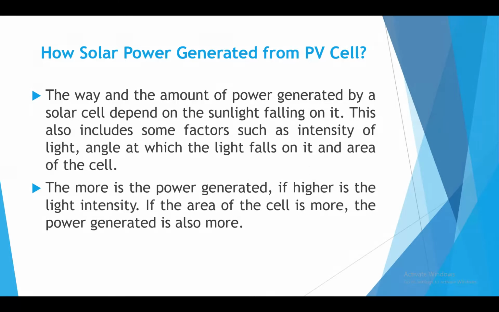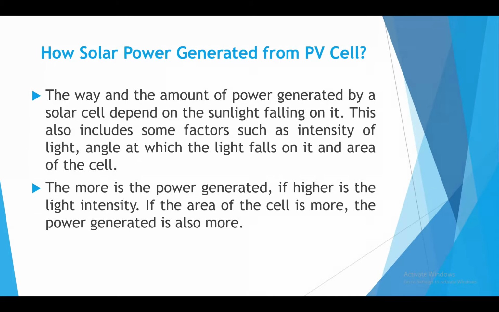I mean, different angles at which sunlight strikes the PV cell matter, so it also depends on this. And it depends on the area of the cell, whether it is large or small.